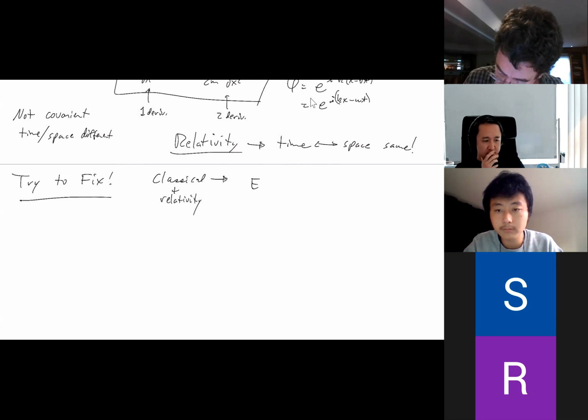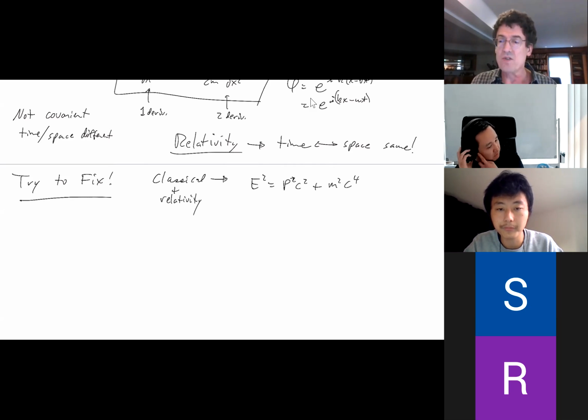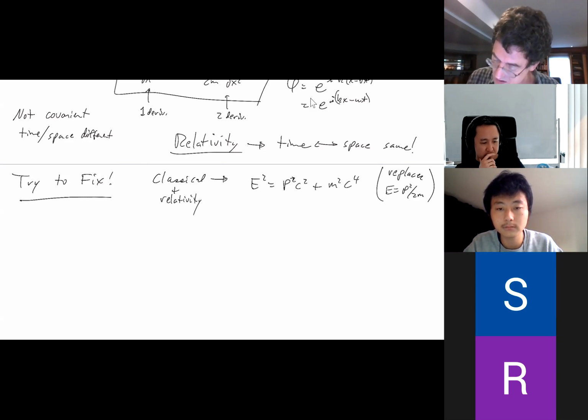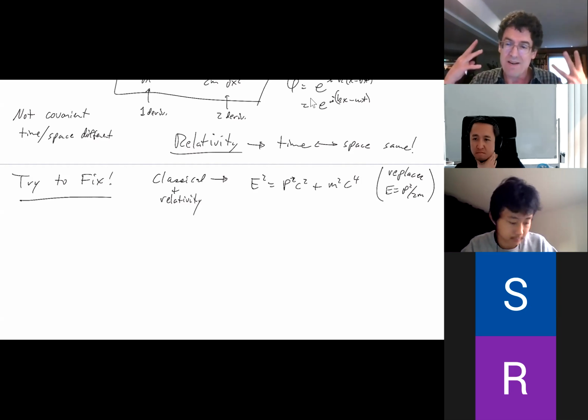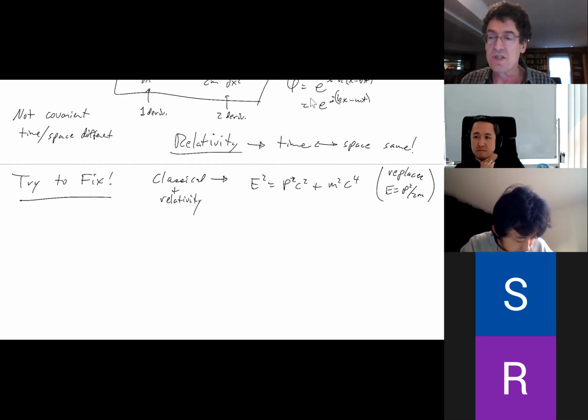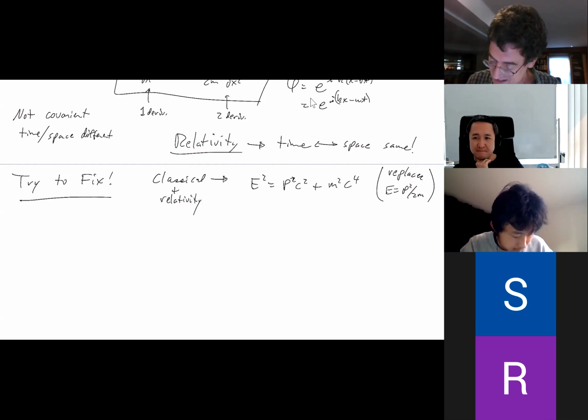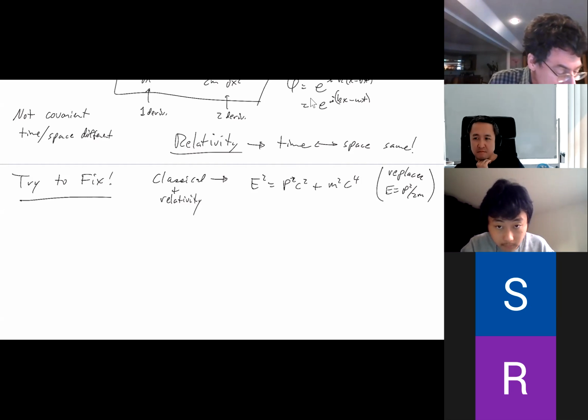Then we get E squared equals P squared C squared plus M squared C to the fourth. This replaces E equals P squared over 2M. It's the better version of P squared over 2M. You've all seen it. Did I get it right?